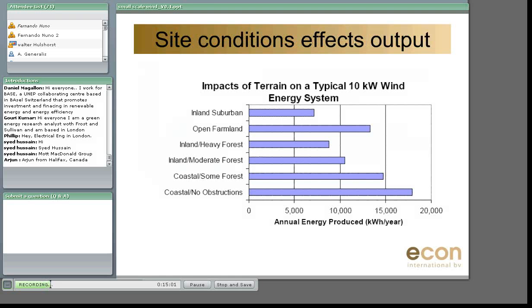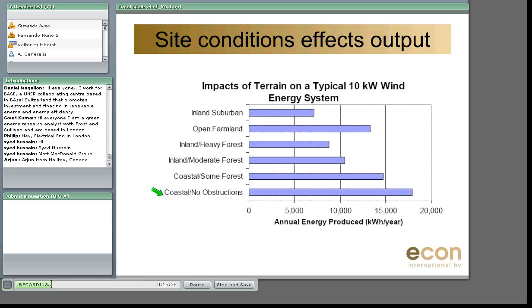If you look at the differences in wind speed, I've given you a picture of a 10 kilowatt wind energy system, and you'll see the impact of the terrain. On the horizontal axis, I've given you the annual energy produced with this 10 kilowatt system, and on the vertical axis, some areas.